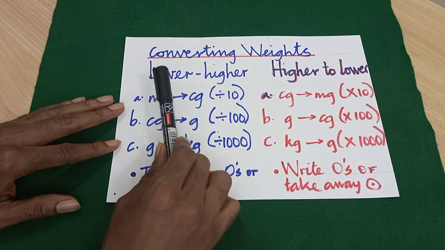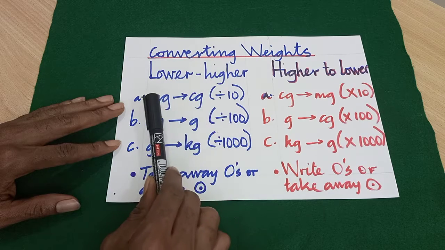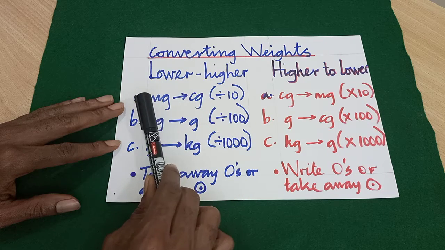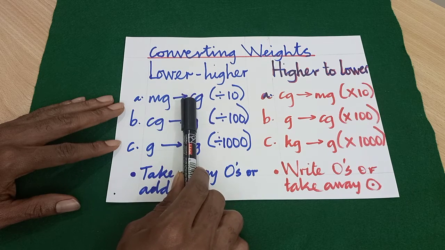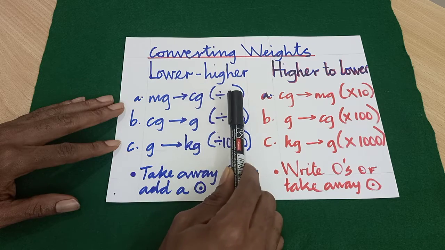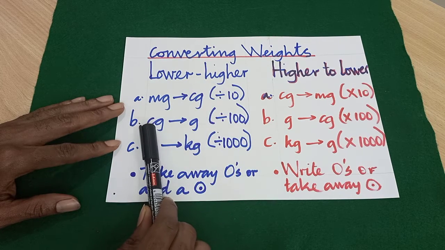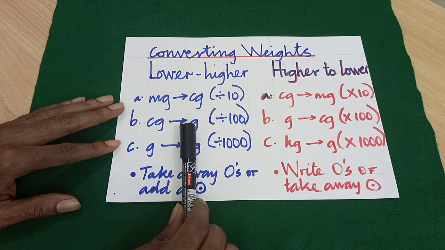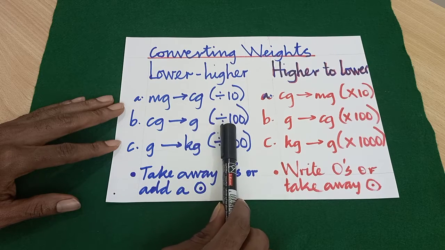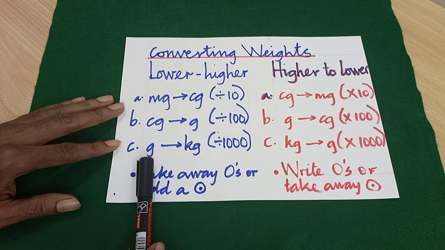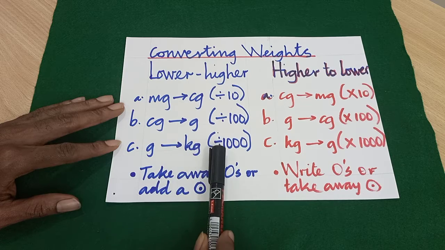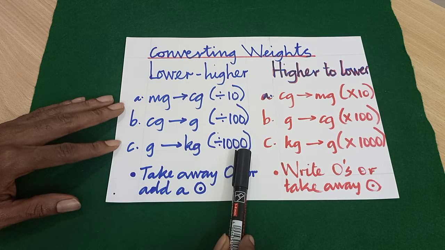Milligram is lower than centigram, so converting from milligram to centigram, you divide by 10. Converting from centigram to gram, you divide by 100. And converting from gram to kilogram, you divide by 1000.